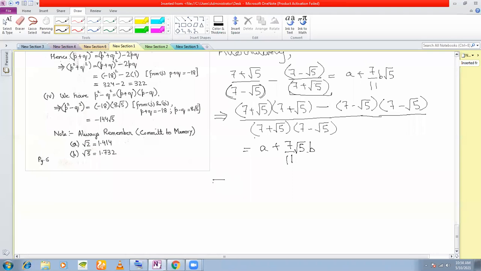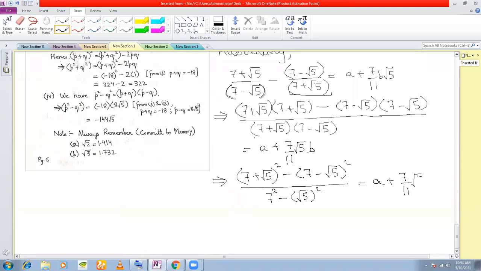Next here in the numerator we have 7 plus root 5 whole square minus, and here we have 7 minus root 5 whole square. And in the denominator we have a plus b into a minus b form, which is a square minus b square, equal to a plus 7 by 11 root 5 b.